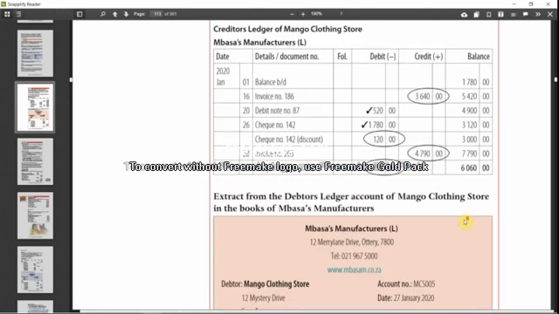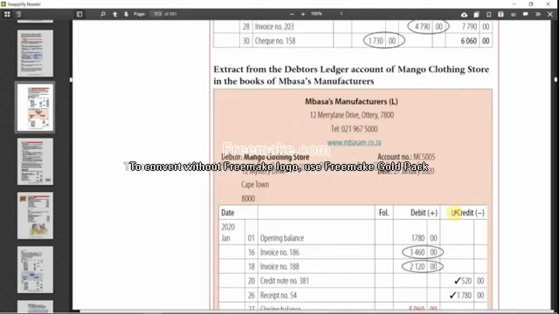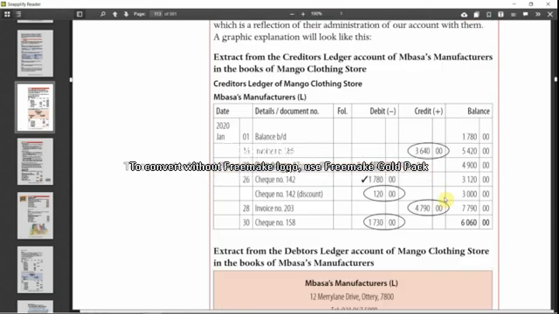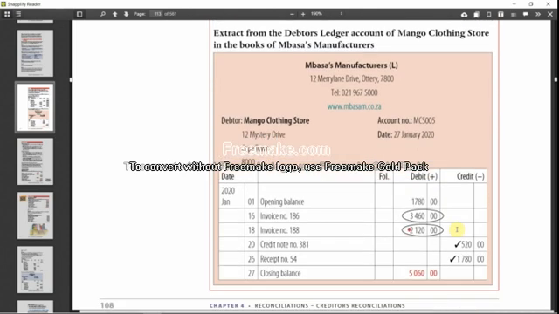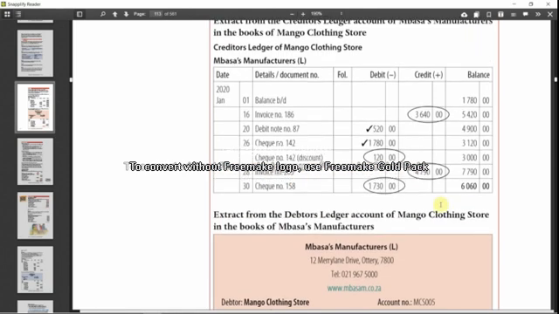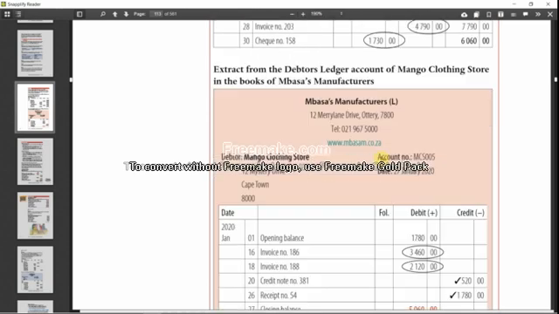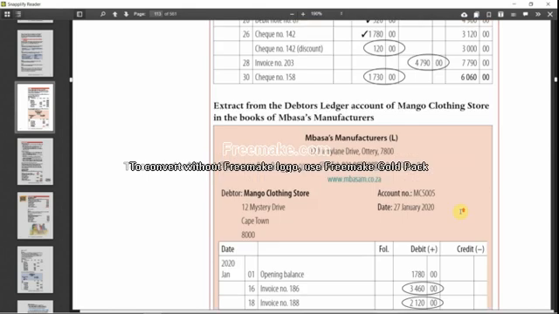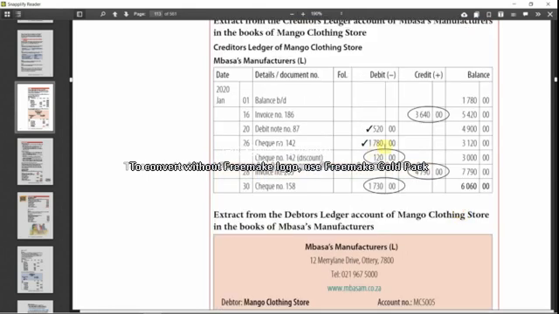So if Mabasa is our creditor, from their perspective we are their debtors. So now we compare our debit column against their credit column, and anything that corresponds, like the 520 on the debit side corresponds on the credit side, we tick on both sides when they are matching.